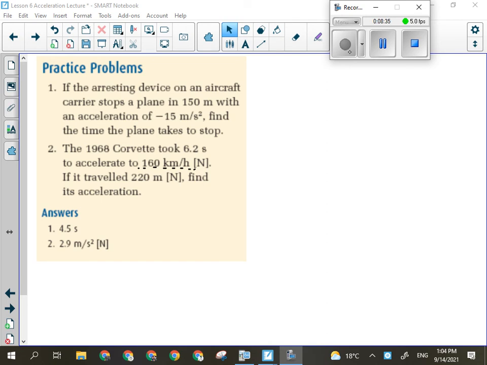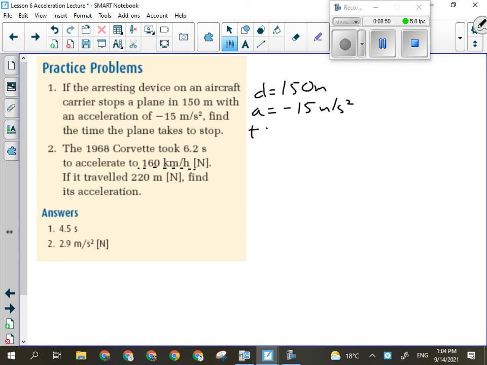So we know that the displacement in this one is 150 meters. That's forward, obviously. They're slowing down, so the acceleration is negative 15 meters per second squared. And we want to find the time it takes for the plane to come to a stop. So what's VF? 0, which is the only situation in which we can solve for time.